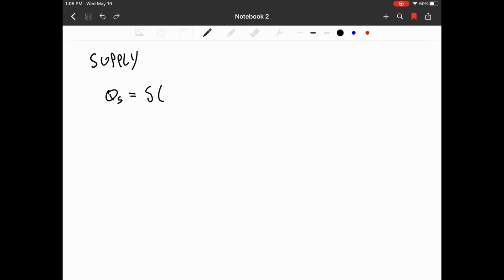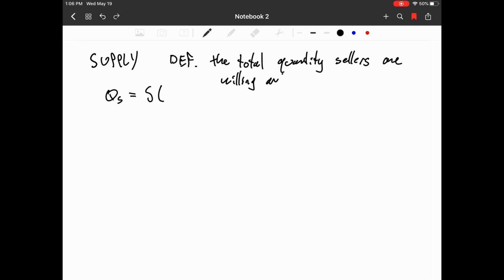So the definition for supply is the total quantity sellers are willing and able to sell at all prices.